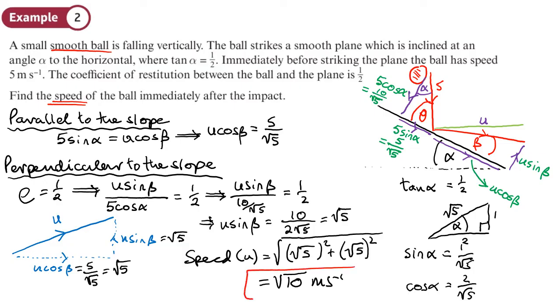But there, that will be our final answer for this question. So notice we didn't need to work out the actual angle that it rebounds at. We just wanted to know what the size of those two components were, so we could then use Pythagoras on it.